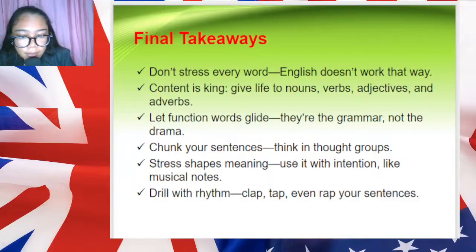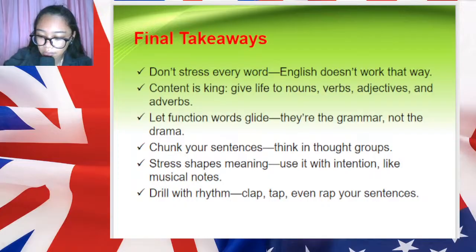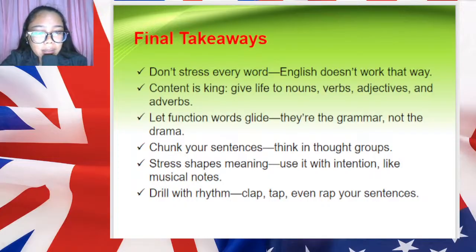We really tackled a lot of topics under sentence stress, and I think this is the last, since we are covering the part of stress in English.